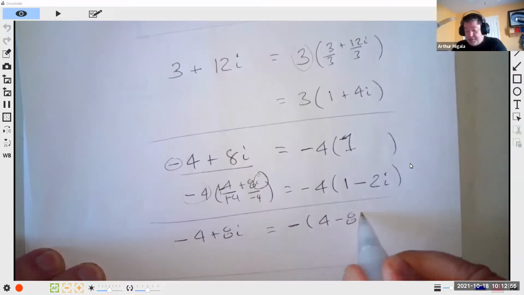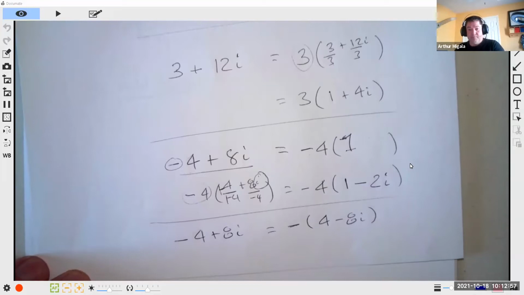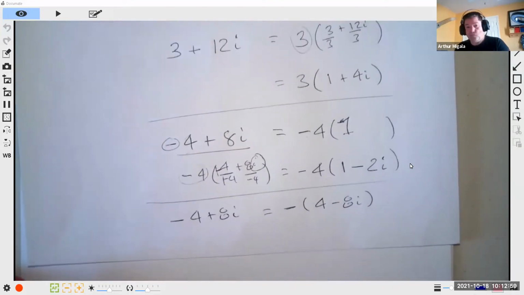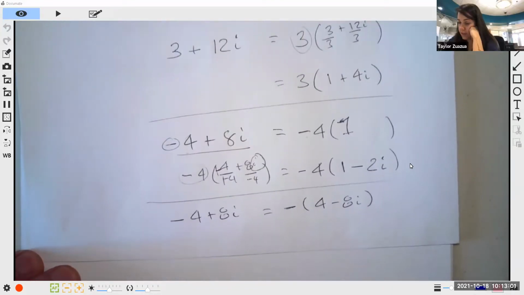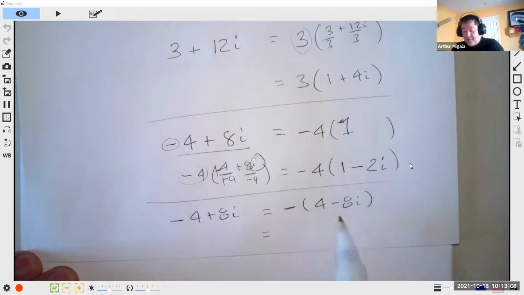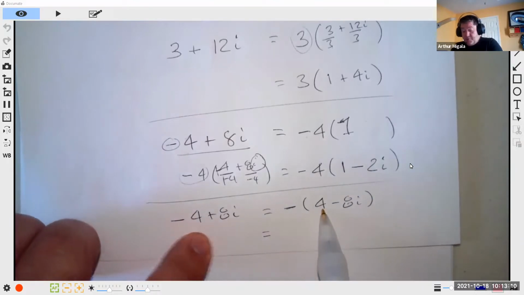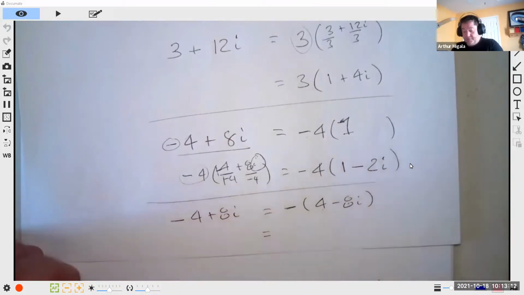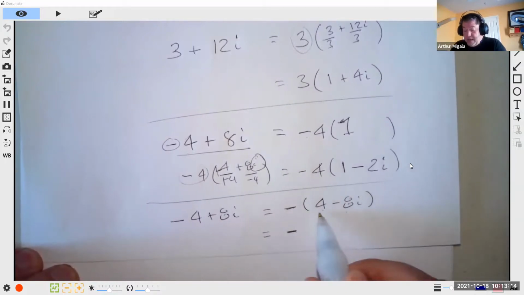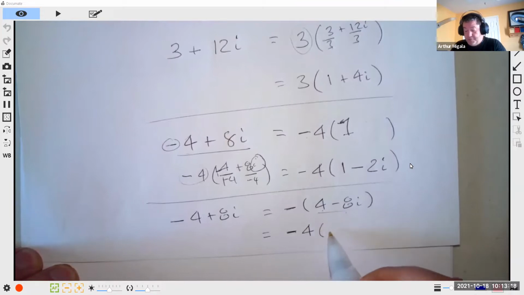That changes the signs of both numbers inside there. So you get negative, 4 minus 8i. Since I took out the negative, this -4 became a +4, this +8 became a -8. So now what number do they both have in common? They both have a 4 in common.